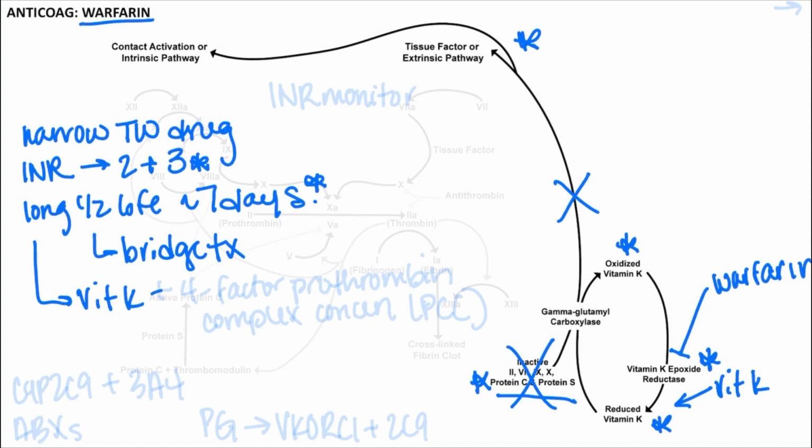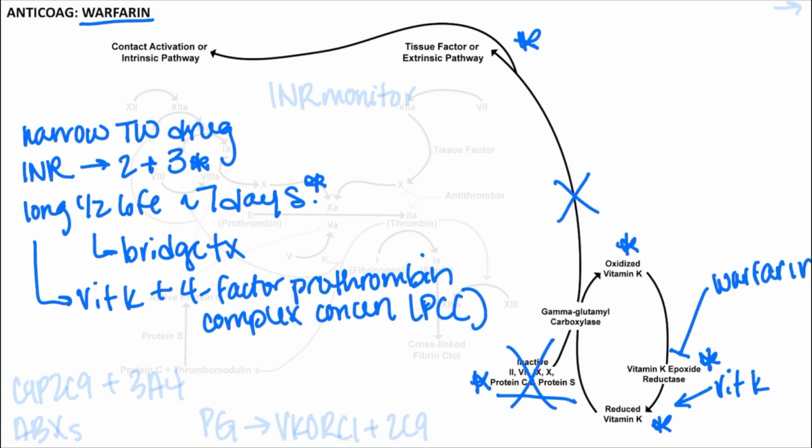So this will have to be administered with 4-factor prothrombin complex concentrate, also known as PCC, which will provide clotting factors as we wait for the vitamin K to kick in.